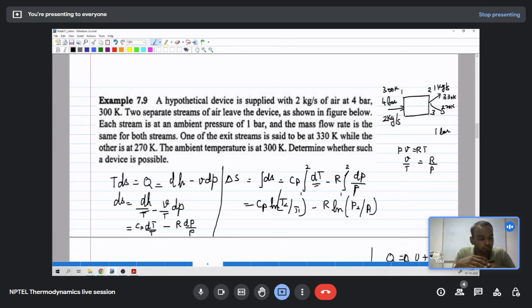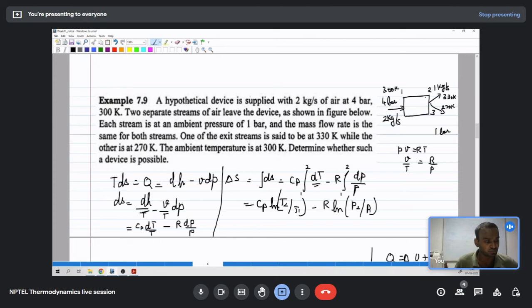So this is one kind of problem where they have given that there is a hypothetical device, where the input is 2 kg per second of air, and input condition is 4 bar and 300 Kelvin, like I have drawn in the schematic. And the output of this device are two streams of air.